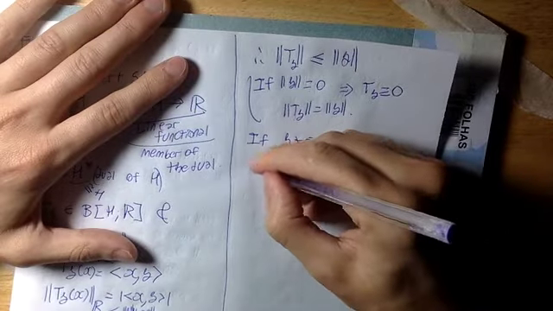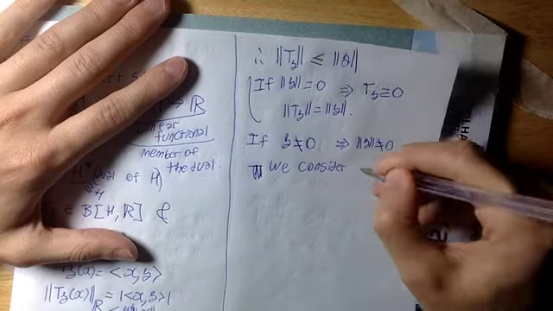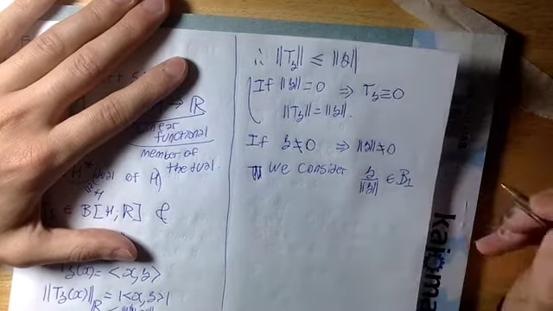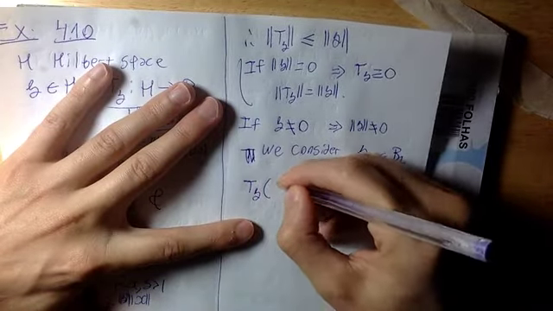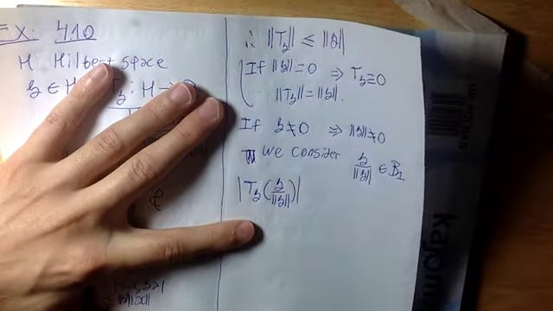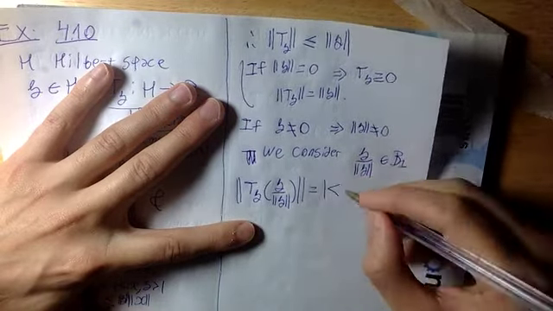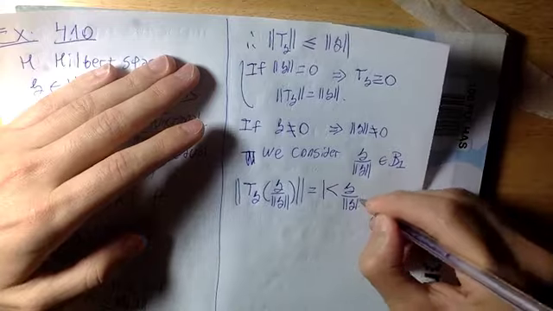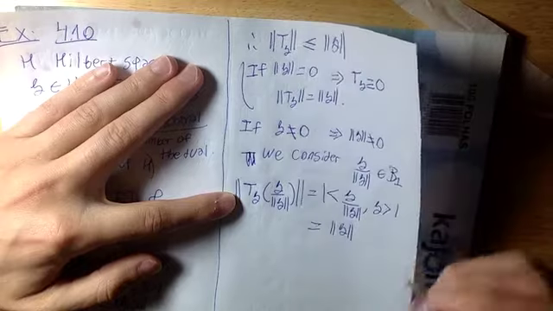So in particular, we can consider y over the norm of y, which is in the unit ball. So if we take T of y applied to y over the norm of y, this is equal to the absolute value of y over the norm of y applied to y, which is just equal to the norm of y.